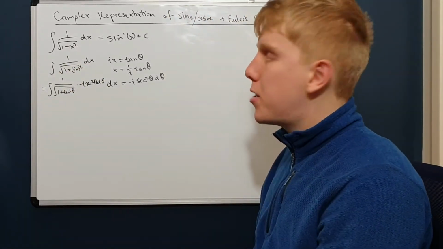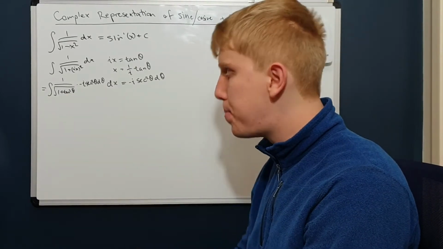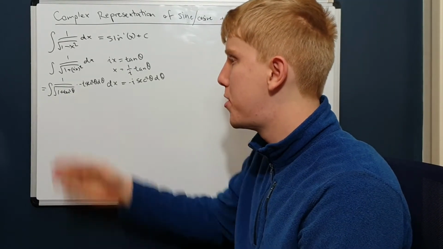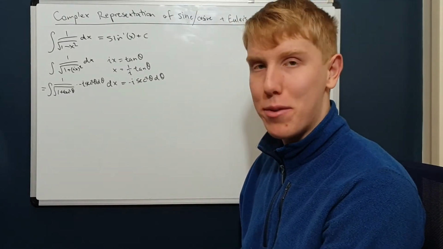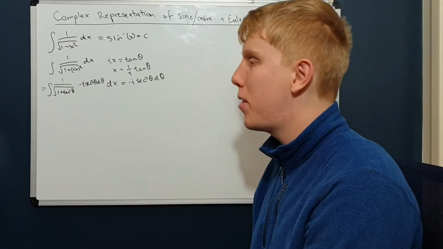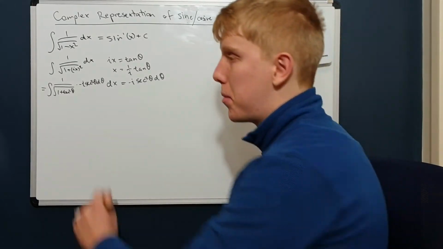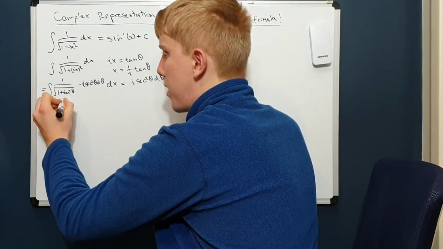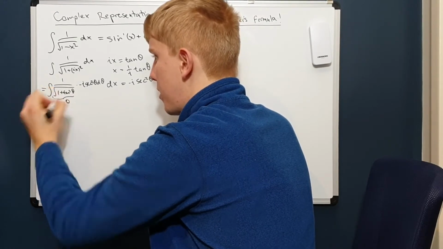Okay, as previously mentioned, this 1 plus tangent squared theta is nothing but secant squared theta. So we have the square root of secant squared theta, which I think technically should be the absolute value of secant theta. But if we just cancel out the square root and the square, we will end up with secant theta in the denominator.